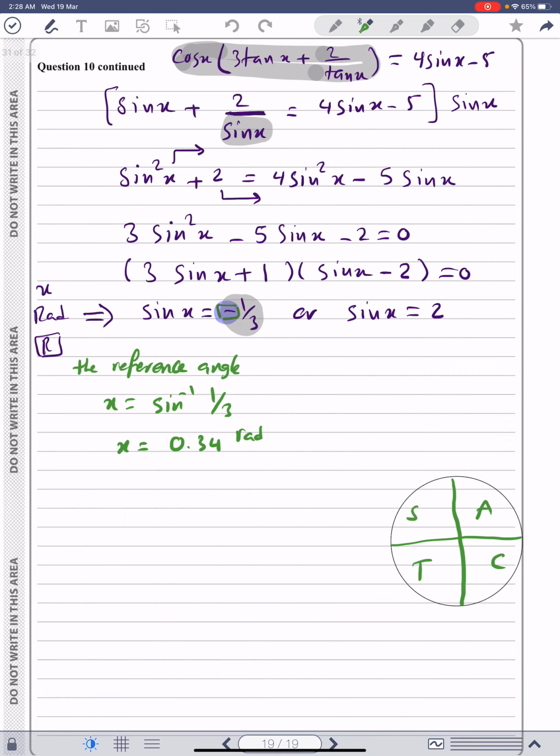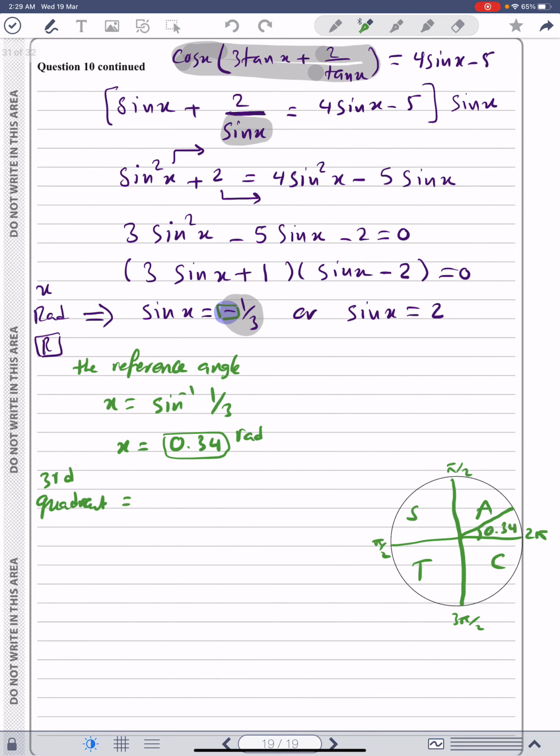All are positive in the first quadrant, sine in the second, tan in the third, and cosine in the fourth. Sine is negative means the angle is in the third quadrant. So what do you do to find x? This is the reference angle here. I am sketching to remind you very well.